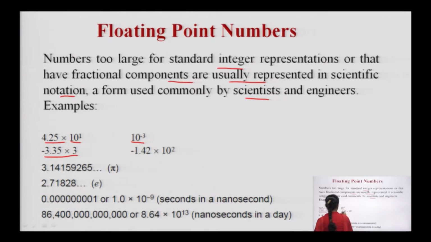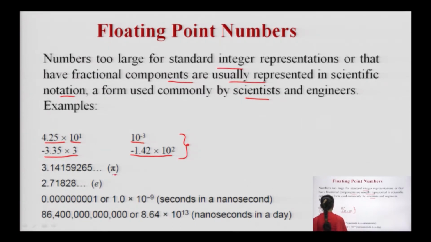A negative number is represented in floating point as minus 1.42 into 10 to the power 2. Here the sign bit will be 1, 142 is our mantissa or fraction part, and the exponent part is 2. Here these numbers are in decimal representation.